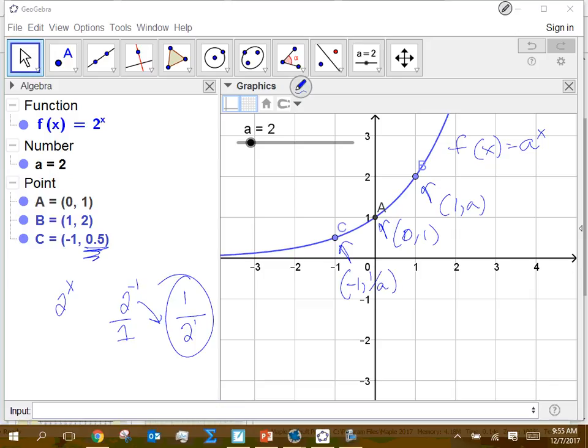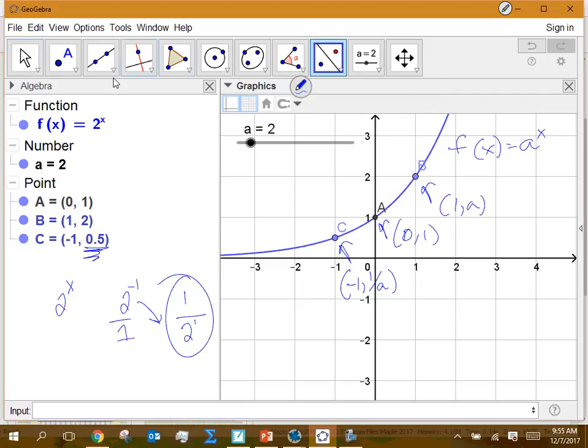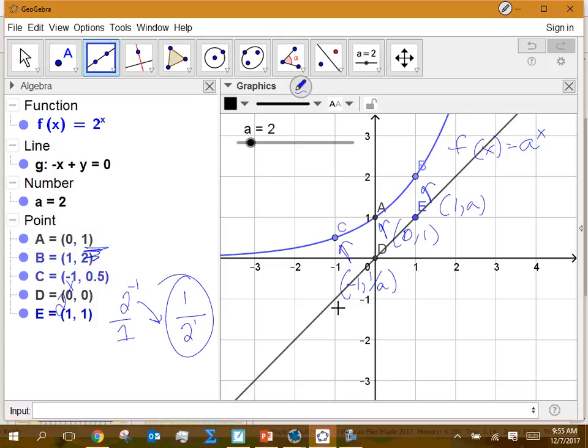Okay? And that's going to be very, very useful for us in regards to eventually graphing logarithms. Logarithms are a pain in the butt to graph, but if we know that they're inverses of one another, just real quick to show you, what are inverses, the reflection across what line? y equals x, right?